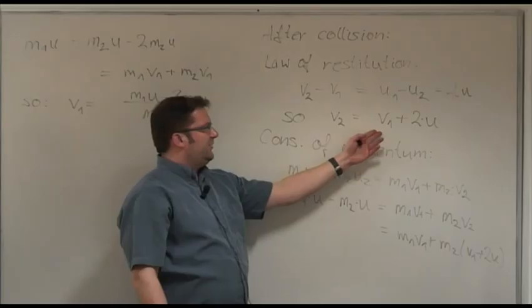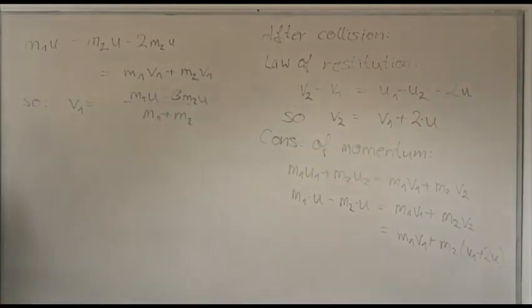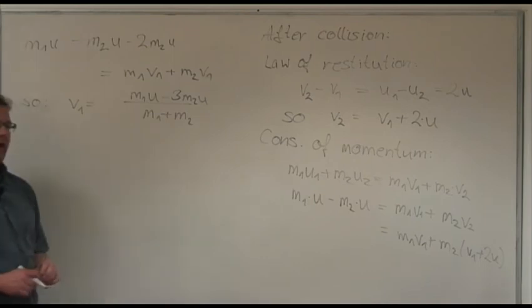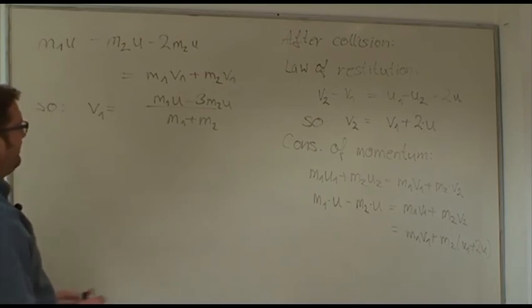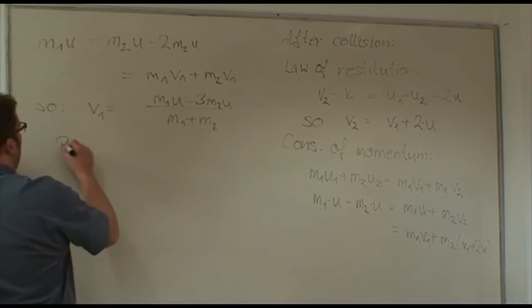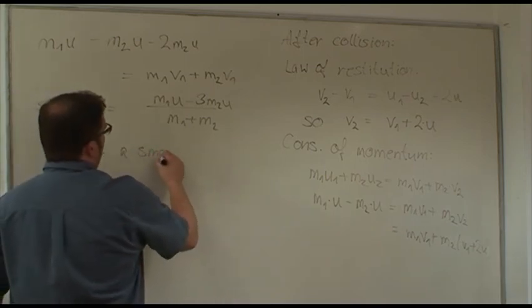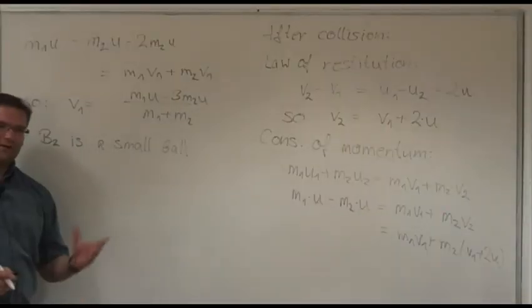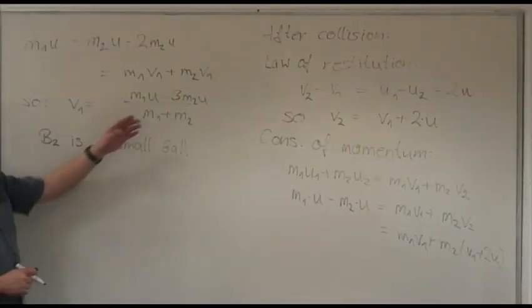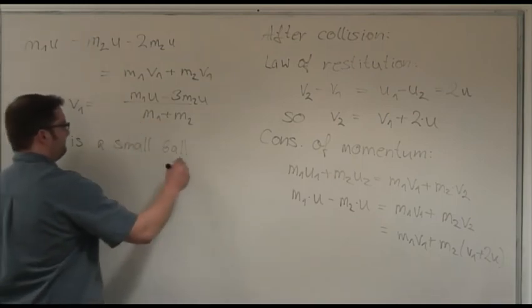That's the formula for v1. I have a formula for v2 over here, which I can use once I know what v1 is. So that's a very general formula, but now we have to remember that the upper ball is much smaller than the lower ball. So one way to express this is to say that the mass m2 is very, very small, or indeed almost zero.